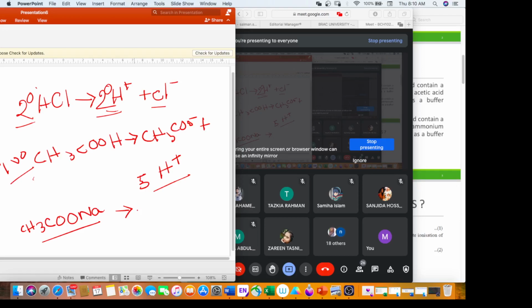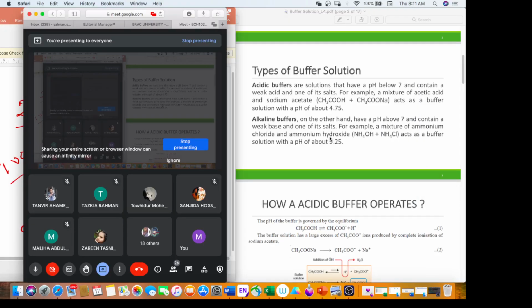Okay, so this alkaline buffer, for example, contains ammonium hydroxide as the base and ammonium chloride as its corresponding salt. Okay, clear now? Do you have any confusion regarding the composition here? Acidic buffer, basic buffer composition?